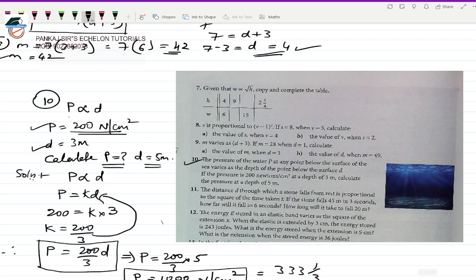Even if you leave the answer as 1000 upon 3, it is okay, and if you express it in a mixed fraction, that is also okay. Both answers are correct.